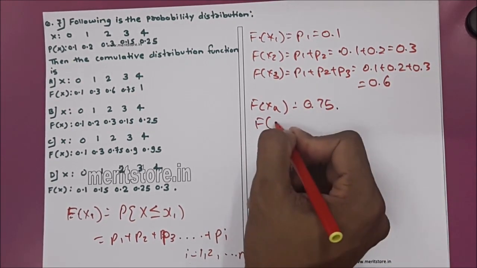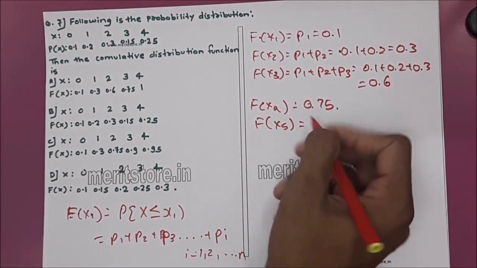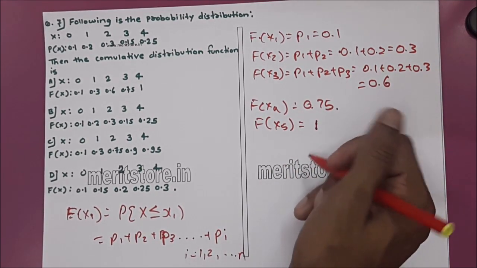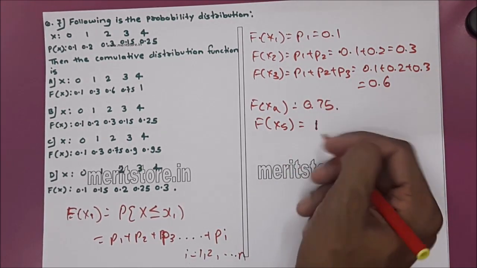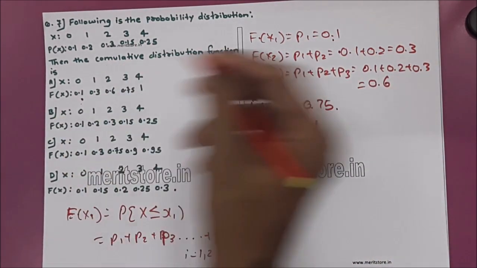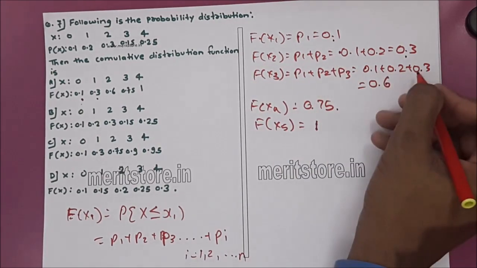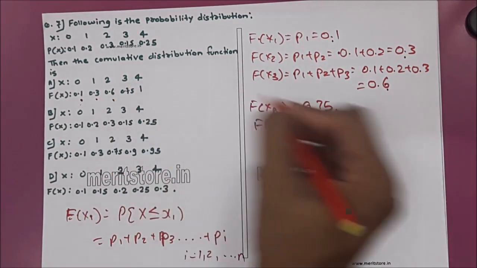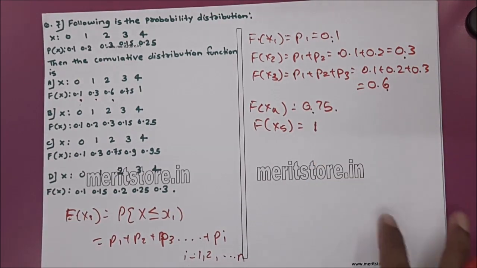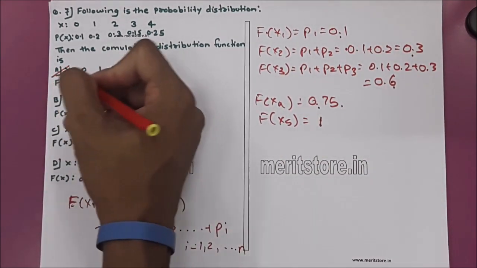For F(x5), we add all the probabilities, we get 1. We compare all these values with the options, which have 0.1 for 0, 0.3 for 1, 0.6 for 2, 0.75 for 3, and 1 for 4. So therefore option A is the correct answer.